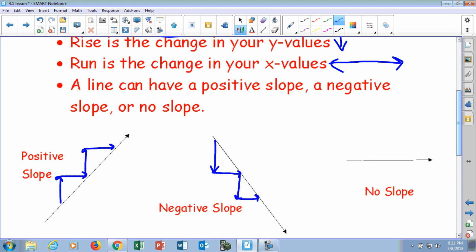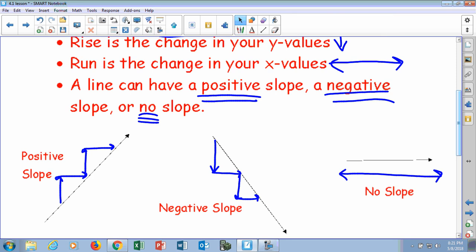You could also have no slope where the slope is 0. And that's a horizontal line. That's a line that literally goes left to right. It doesn't change. It does not go up or down. It stays flat the whole time. So those are 3 scenarios you could have. Positive slope, negative slope, or no slope. 3 situations. Okay?